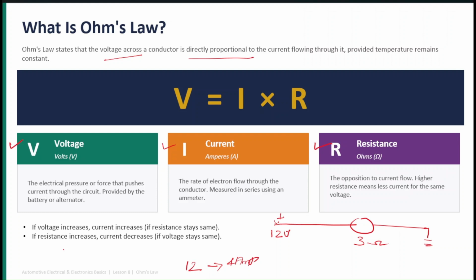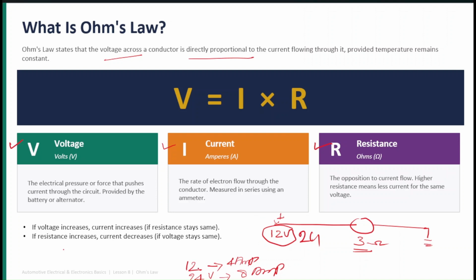But if you increase this voltage to 24 volt, and the resistance remains the same, then the current will be increasing. For 24 volt it may be around 8 ampere. Ohm's law states that the voltage across a conductor is directly proportional.